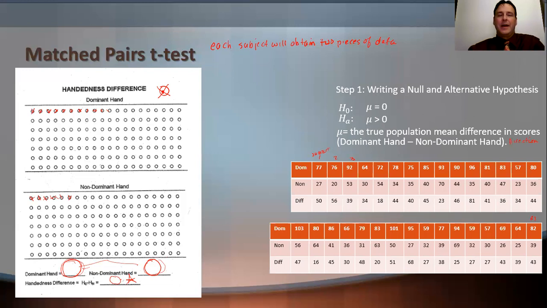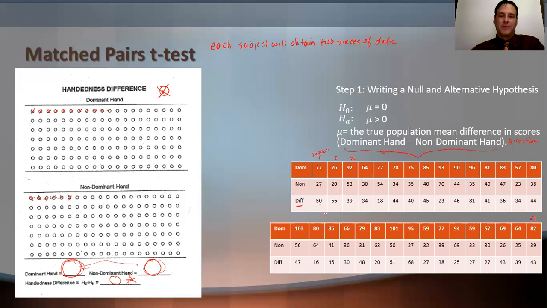What we have in the first row is the number of circles that they were able to put an X through for the dominant hand. The middle row is for their non-dominant hand. And of course, the difference is located at the end. What that means is we took 77, we subtracted 27, as this direction shows for my null and alternative.